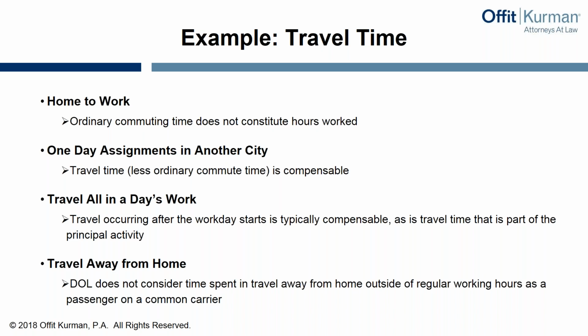So there's a pretty large incentive for employers that are sending non-exempt employees away from home for overnight work to have them travel outside their regular working hours, because then it's not compensable. If you're sitting on an airplane at 7 o'clock at night, it's not compensable. If you're sitting on an airplane at 3 in the afternoon, even if it's on a Sunday, it is compensable.